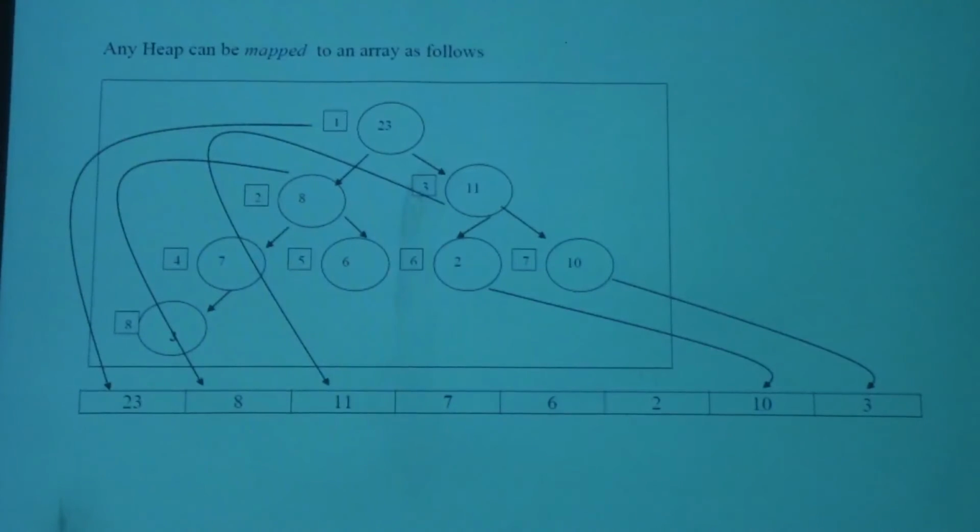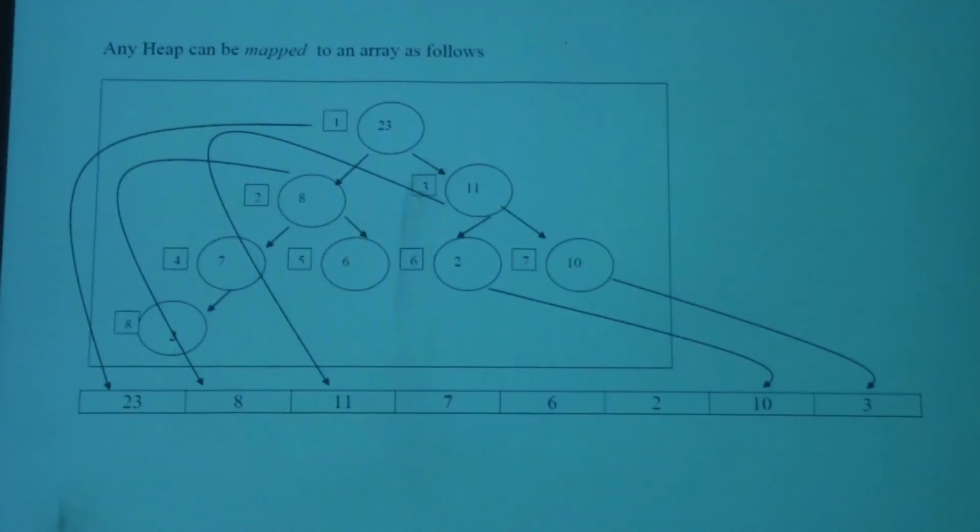So if you had a balanced tree which was not complete, you would have holes in the array. That's why the tree has to be complete, because it has to be able to map to a linear array. So now you can see the mapping.